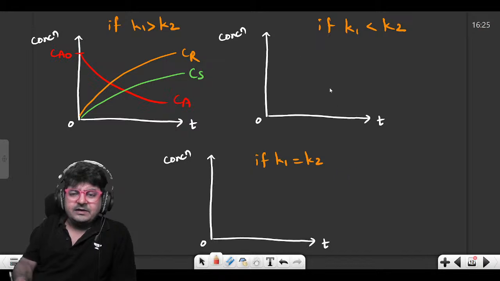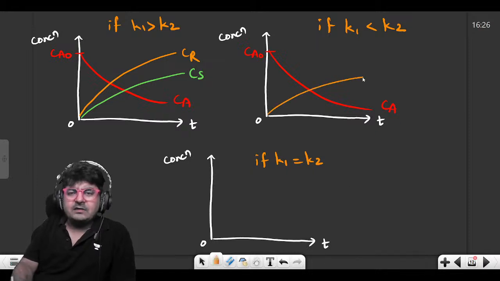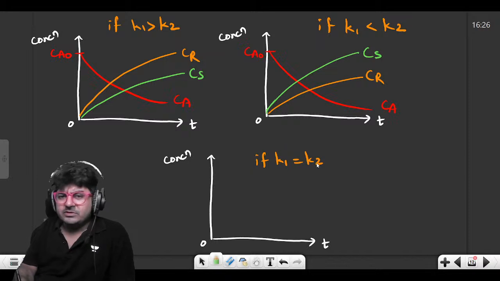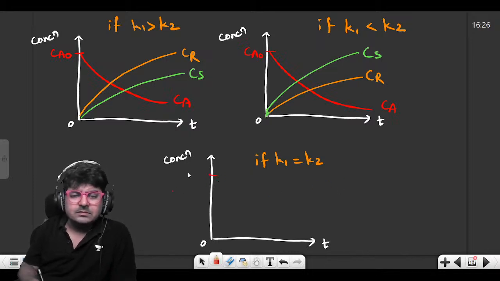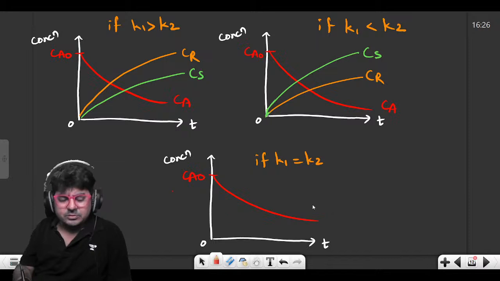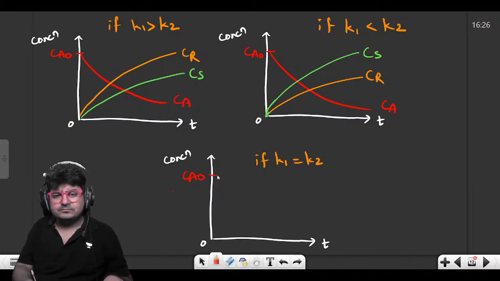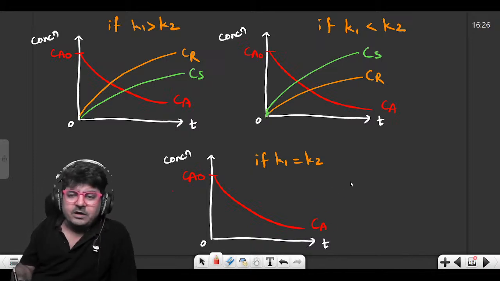And on the other hand, if K1 is less than K2, then concentration of R will be something. It will increase exponentially, and concentration of S will be more because K2 is more than K1. All these will start from origin. Okay, and if both are equal, then everything for CA will remain the same, but for R and S, the profile will be same.